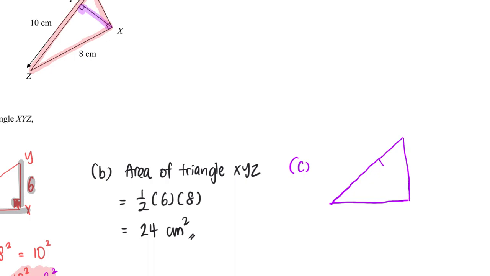I'm going to stay focused on this XT though, where this is my right angle. I have my Y and my Z. This is 10. And how then can I find my XT?